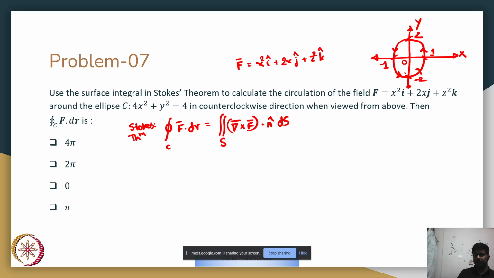Since the path is in the counterclockwise direction, the surface S is the ellipse bounded by C. And to get the direction, n hat in this particular case is k hat, because it's a counterclockwise rotating path.